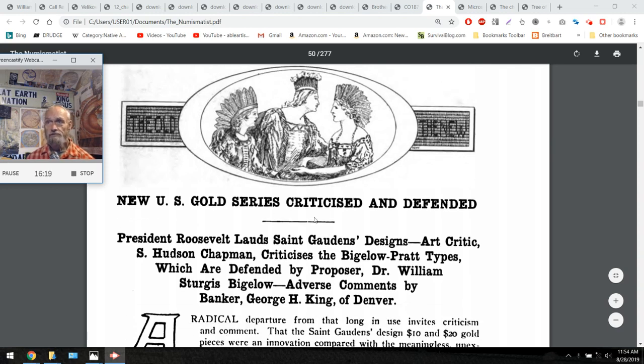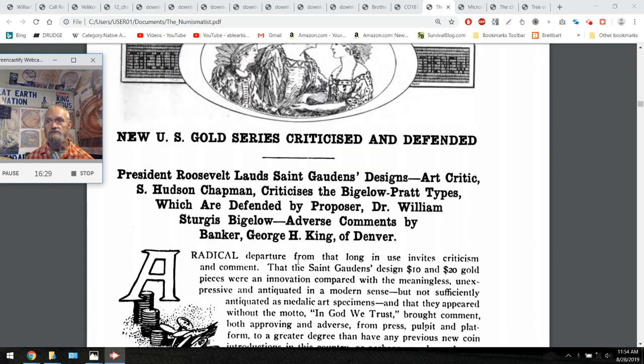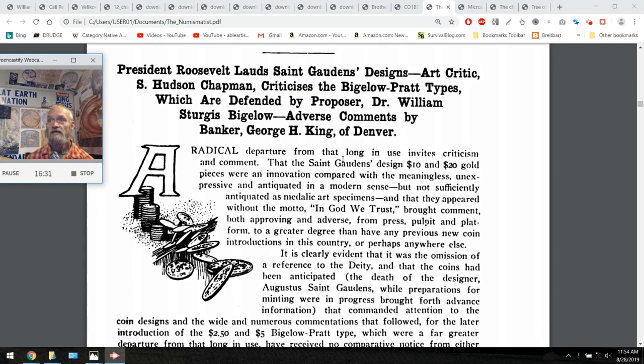New U.S. Gold Series criticized and defined. President Roosevelt lauds St. Gaudens design. Art critic Heston Chapman criticizes it. Oh, they just don't like it. It's what happens when you depart. A radical departure from that long in use invites criticism and comment.